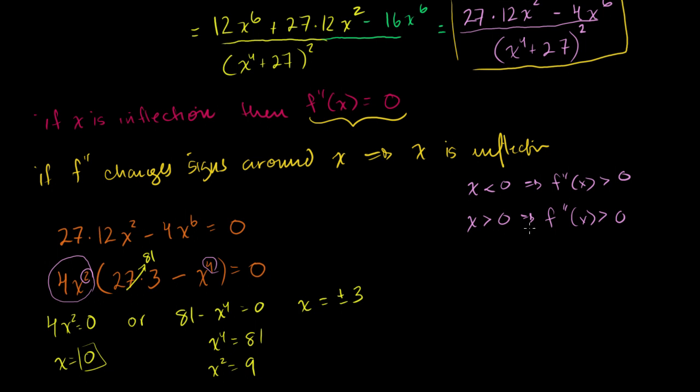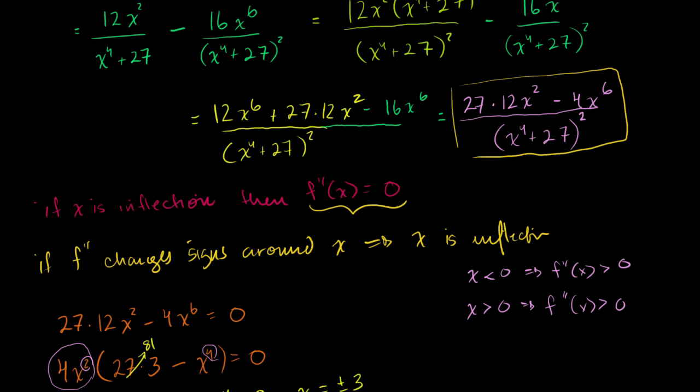So something interesting here. Our second derivative is 0 when x is equal to 0, but it is not an inflection point. Because notice, the concavity did not change around 0. Our second derivative is positive as we approach 0 from the left, and it's positive as we approach 0 from the right. So in general, as we're near 0 from either direction, we're going to be concave upwards.